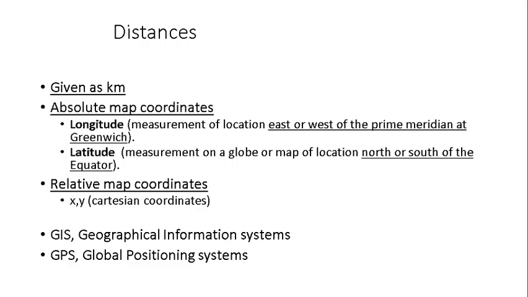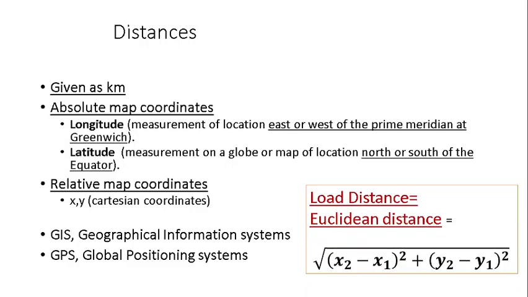Coordinates could be either longitude and latitude, measured from east to west from the Greenwich meridian, or north to south of the equator. Or it could be some Cartesian coordinates on the map relative to some other position. Whatever it is, we don't have a problem, because what we actually calculate is the Euclidean distance of those coordinates. So applying this formula, we calculate the distance that our coordinates are showing.